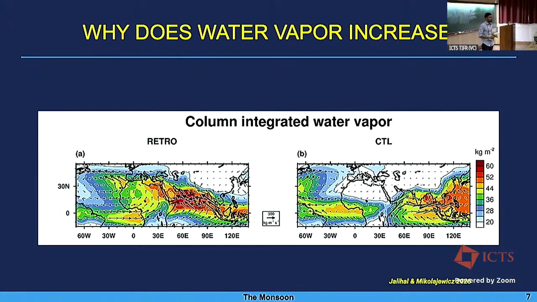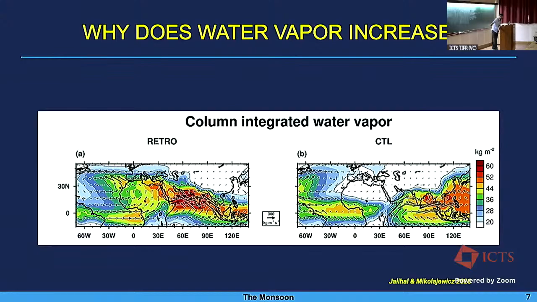Okay, so the shading is the column integrated water vapor, right? In your precipitation field, how was it looking? Let us look at this. We have quite a lot of moisture over the Arabian Sea and the Middle East, and then there is a negative gradient going west.